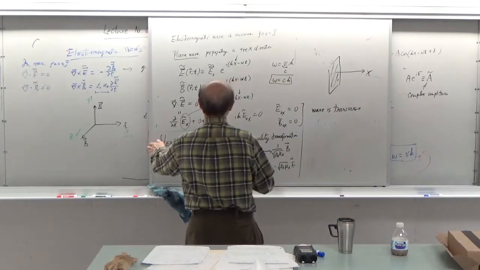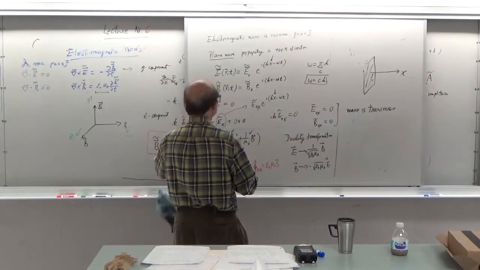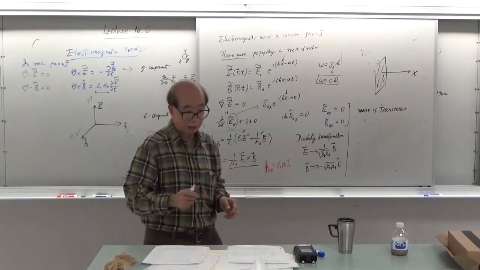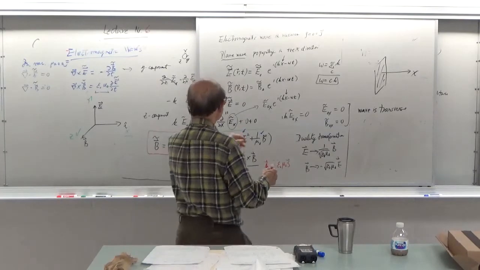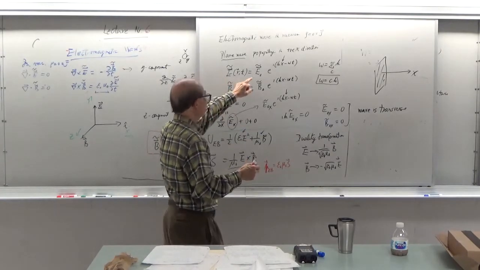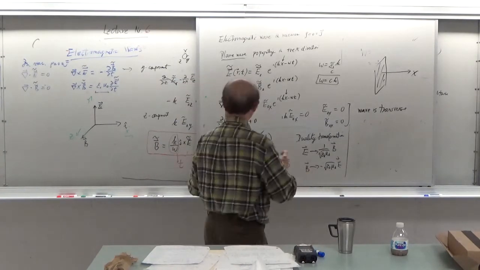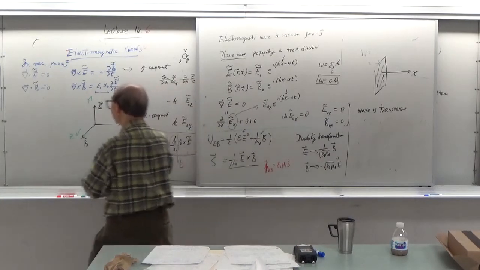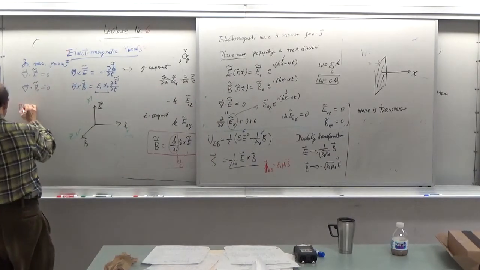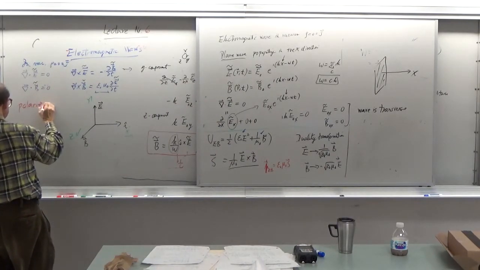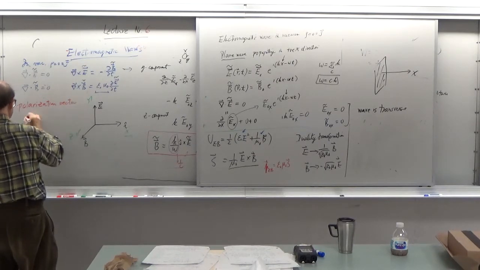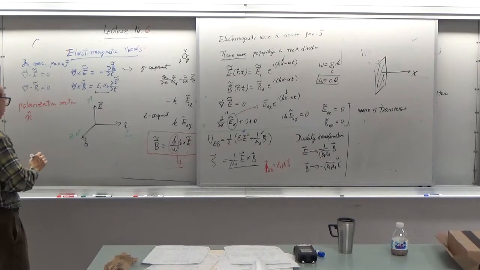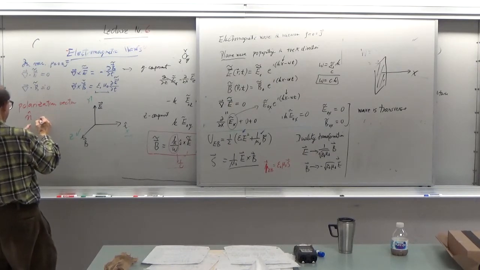It's customary to talk about the polarization vector as the direction of the E field. Let's call it n hat. This is the direction of E.